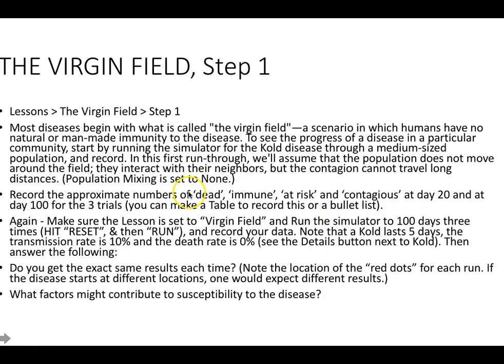What you're going to record, and these are approximations, is the number of dead, immune, at risk, and contagious for day 20 and for day 100. They want you to do it 3 times. That gives you a chance to get used to the program and get your table going.